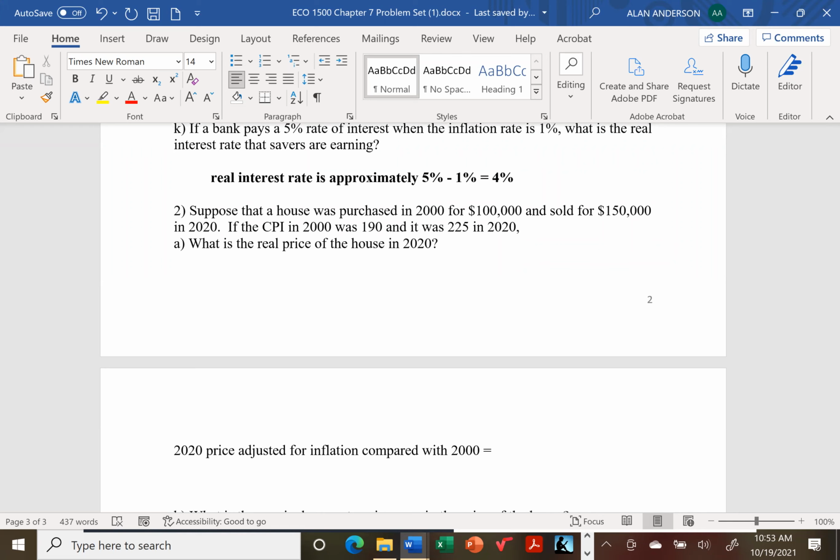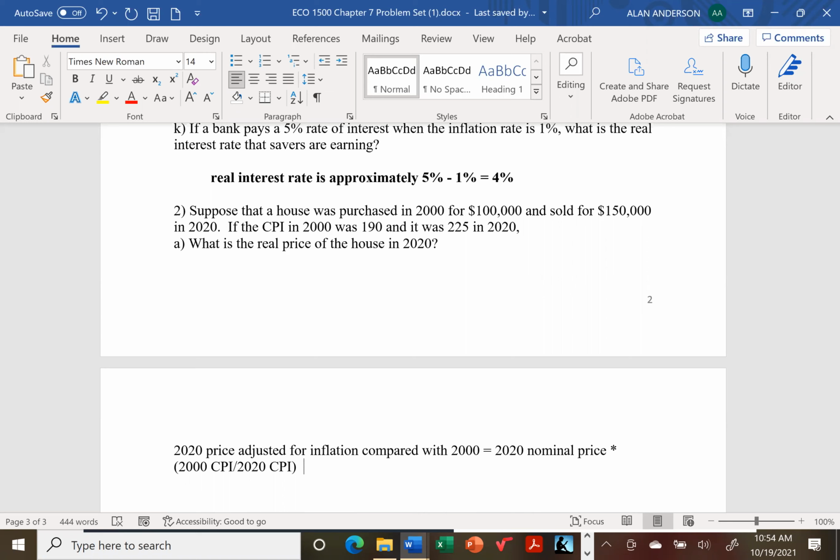So what we're going to do is take the 2020 nominal price, and then multiply it by the ratio of the 2000 CPI over the 2020 CPI. That's going to adjust prices so that we're treating 2000 in this example as if it were the base year, because that's when this first transaction was made.